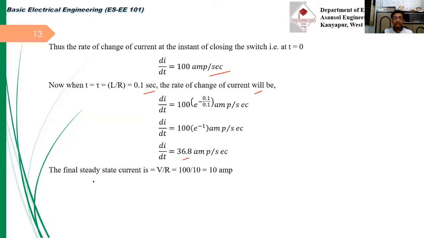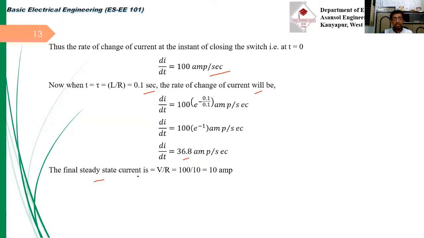Okay. And final steady state value means the whole circuit becomes resistive in nature, because as t tends to infinity, the system becomes steady. So at steady state, since there is no rate of change of current, di by dt is 0, the inductor will act as a short circuit and the total circuit becomes resistive in nature.